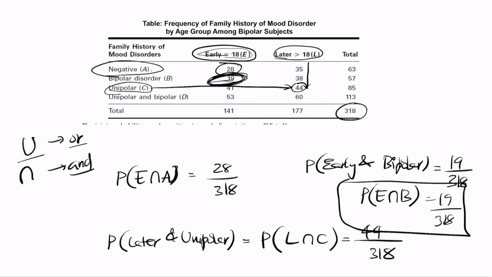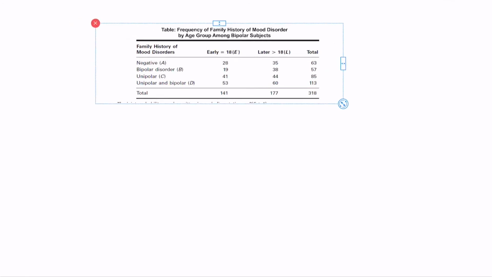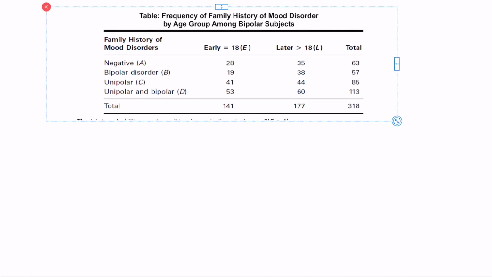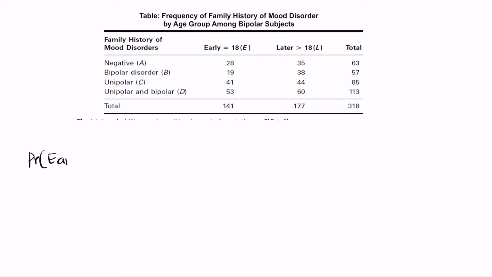What would you do in this problem when it is given as union? Let's take the same example. Let's say we are trying to find the probability of early or bipolar. So we are finding probability of early union bipolar.